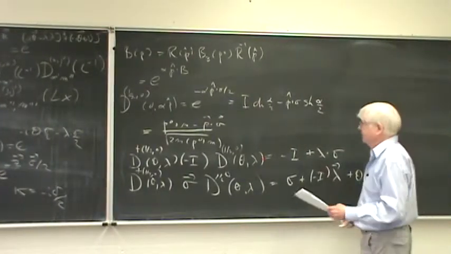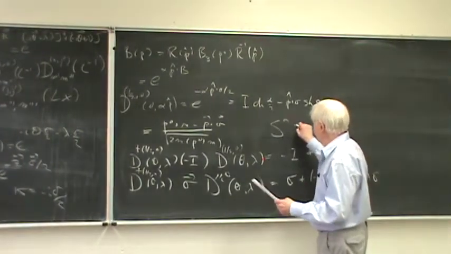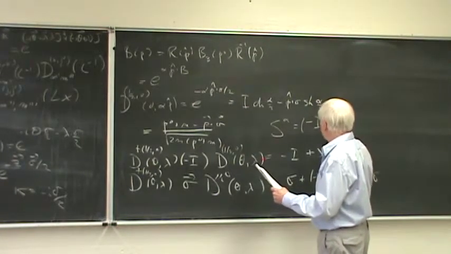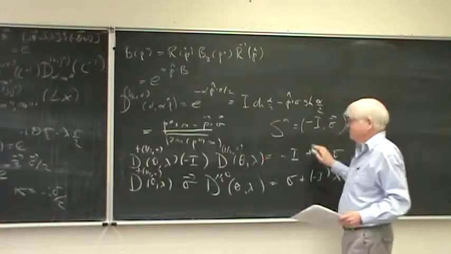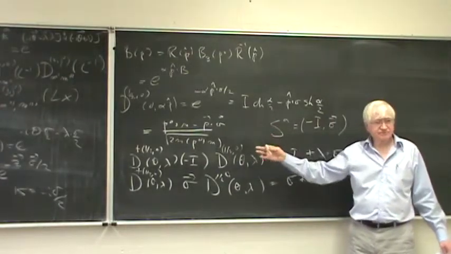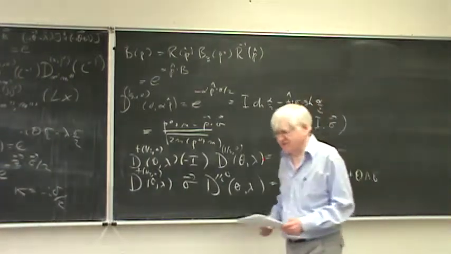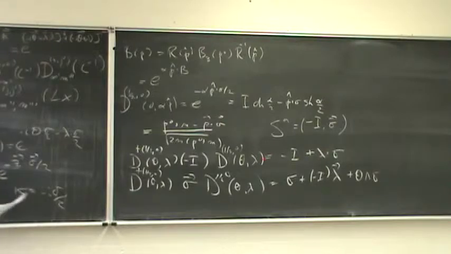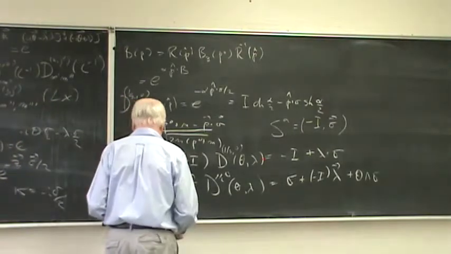So the upshot here is that S^A, which we can think of as (1, minus i sigma), transforms as a 4-vector under this matrix. This is for infinitesimal Lorentz transformation. And you might say, well, why does he care?